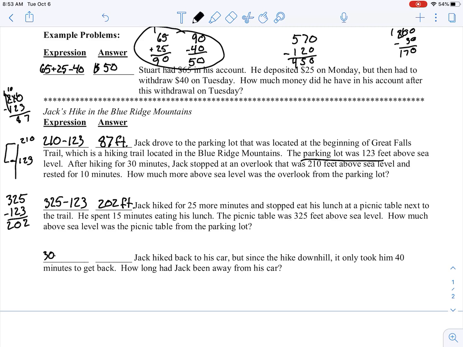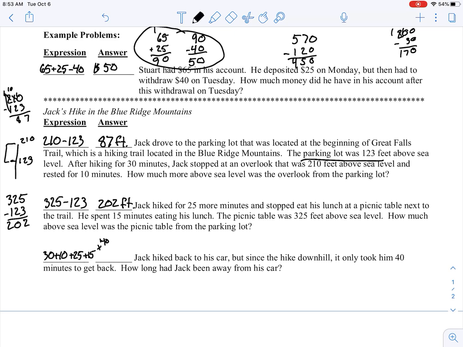So he rested for that 10 minutes. And then he hiked for 25 more minutes. And he spent 15 eating his lunch. And then finally, it took him 40 minutes, sorry, I don't have enough space here, to get back to his car.